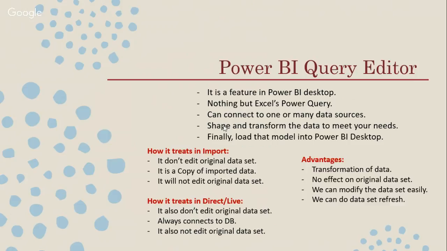What are the different ways we can get the data and how does the query editor behave when we import data using the import option, versus when we use DirectQuery mode or the live connection option?